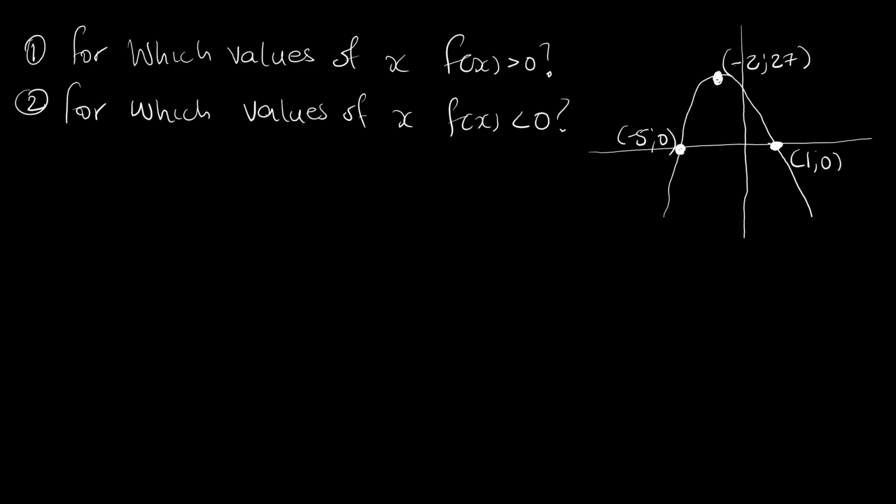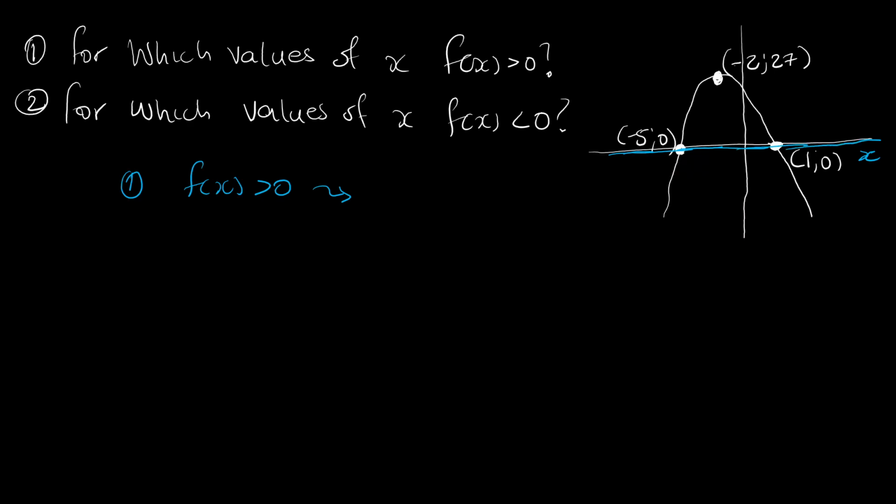First things first, they are asking you where f of x is positive. So when I say, for number one, f of x greater than 0, I'm asking you, remember this is your x-axis, this line here, it's your x-axis.